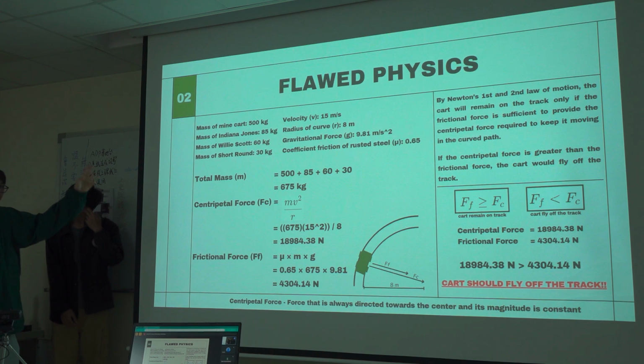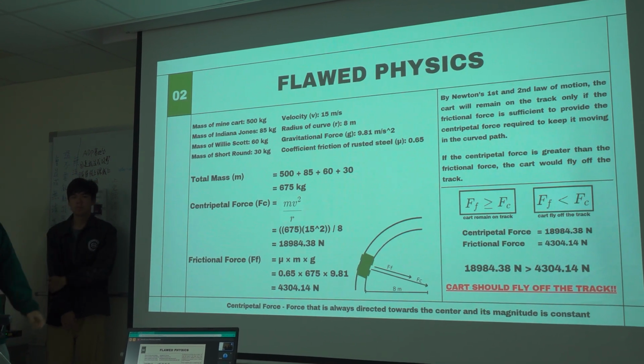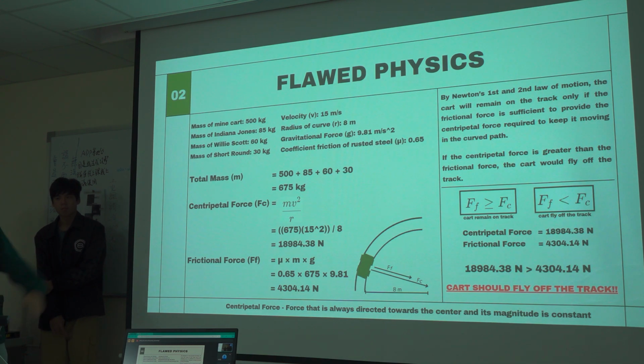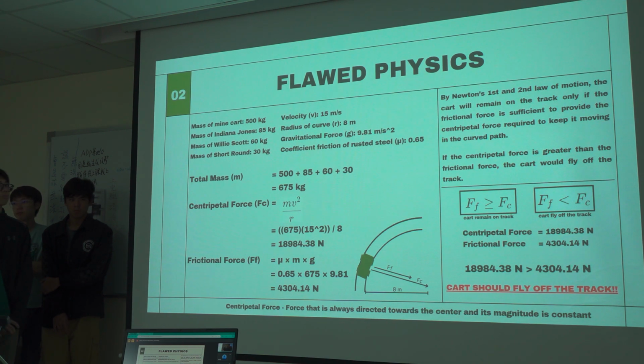So I made some assumptions based on the movie, where the minecart weighs around 500 kilograms. Indiana Jones, who is muscular, weighs about 85 kilograms. Willie Scott, the lady, weighs about 60 kilograms, and the kid, Short Round, weighs about 30 kilograms.